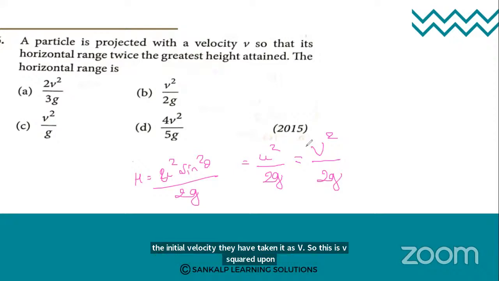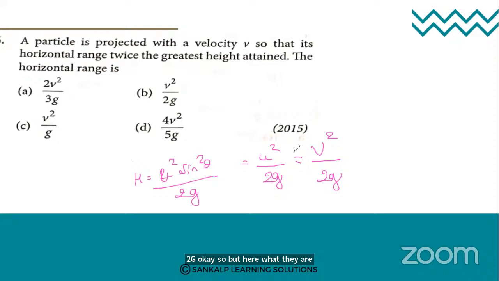Here they are saying the horizontal range is twice that of the height. Therefore, if multiplied by 2, this 2 will get cancelled.